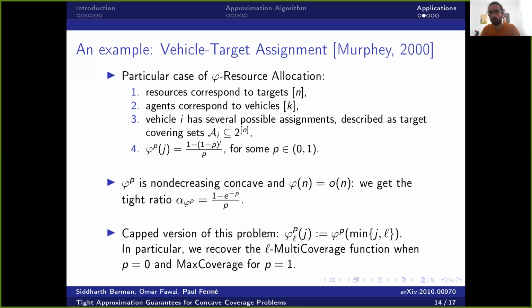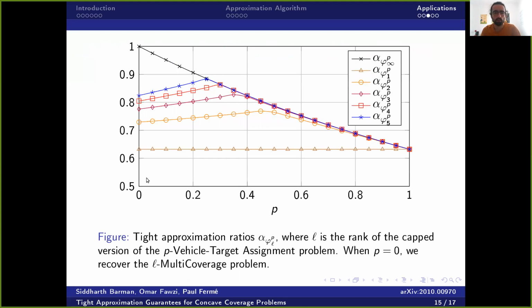And one can look also at the capped version of this problem. For instance, if you think of a threshold where you can consider that the targets are destroyed. And these are totally new coefficients we get. So the 1, 2, 3, 4, 5 are the way it's capped, and the infinity one is the non-capped version.